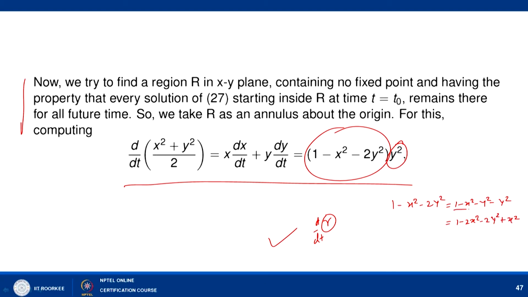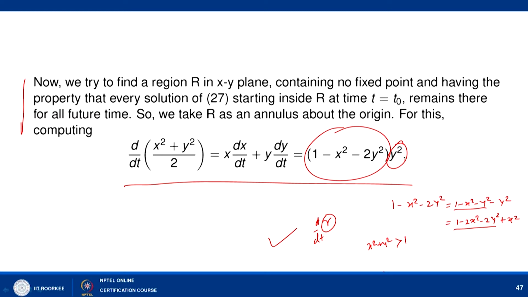If this quantity is negative, then the entire thing is negative, and if this quantity is positive, the entire thing is positive. This quantity is negative when x square plus y square is bigger than 1, so 1 minus x square minus y square is negative.